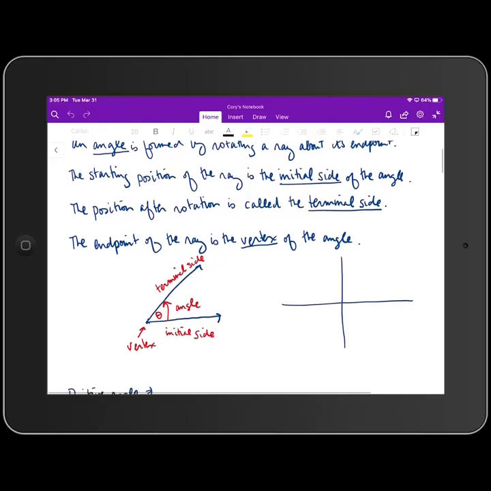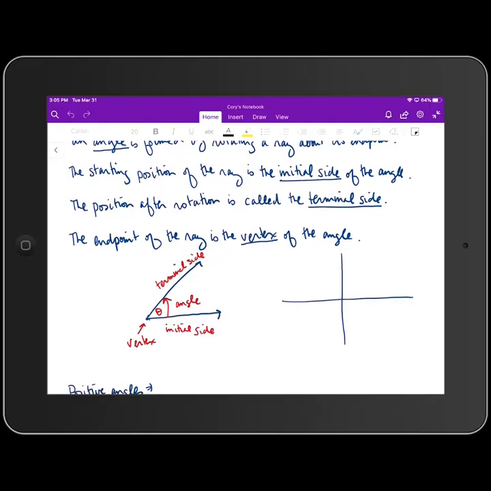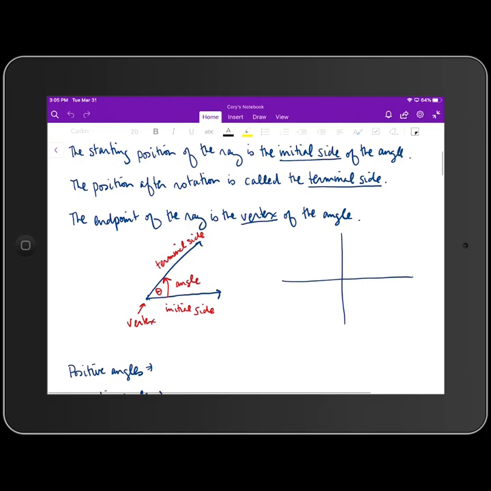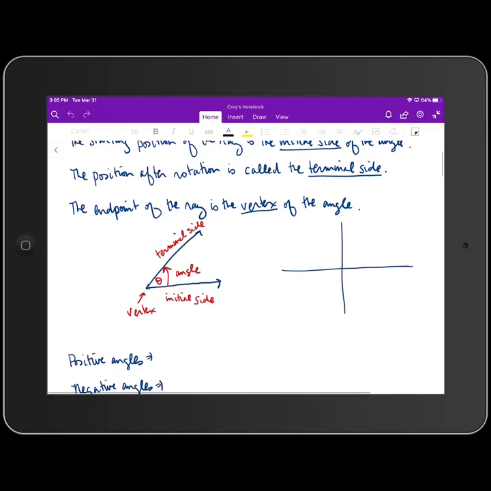Okay, next we want to look at the most common way you'll see angles drawn, which is called standard position. For an angle in standard position, the initial side is located on the positive x-axis.